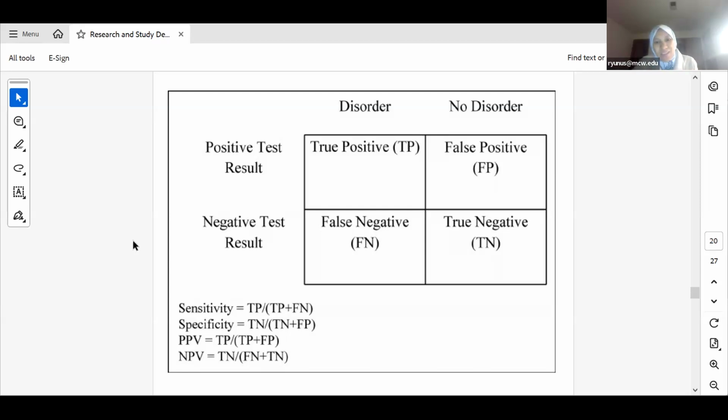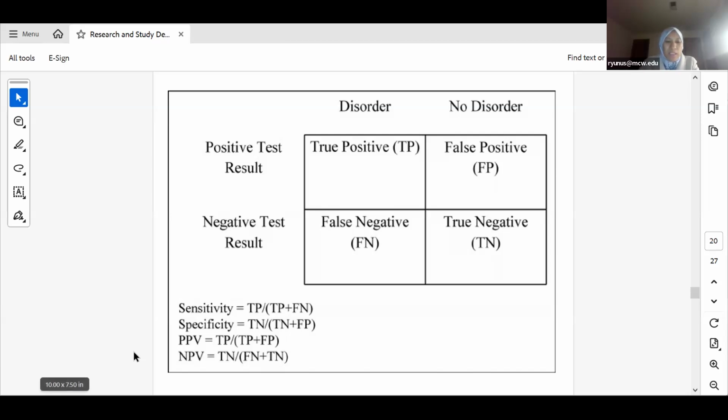False negative is the opposite: you test someone, the result comes back negative, the person is supposedly free of the disease, but actually the person has that disease. The person is sick, so it becomes a false negative. And the last one is true negative. That means you test someone, the result says negative, and it is correct because the person is without the disease.